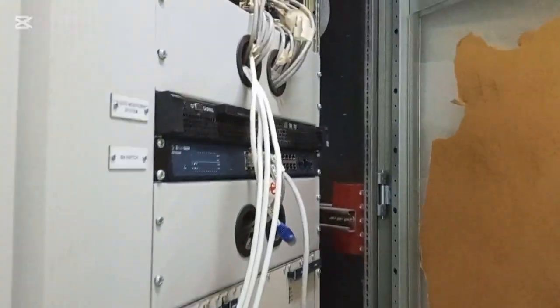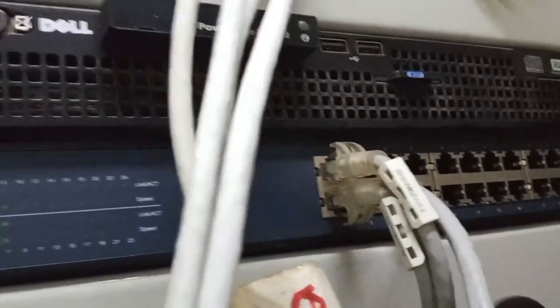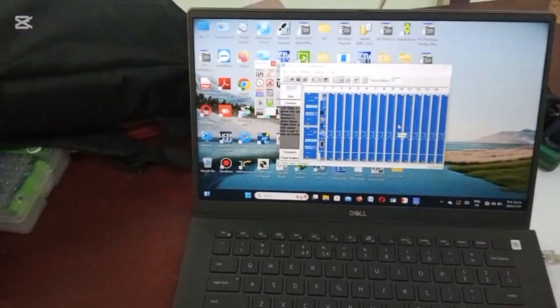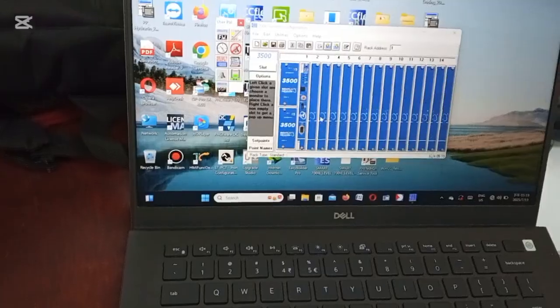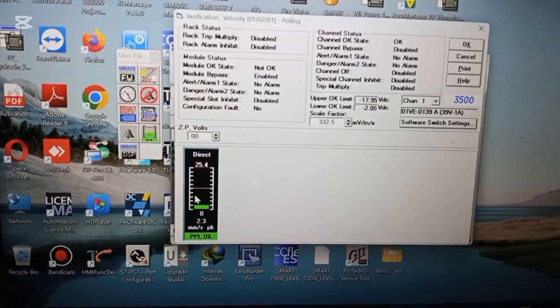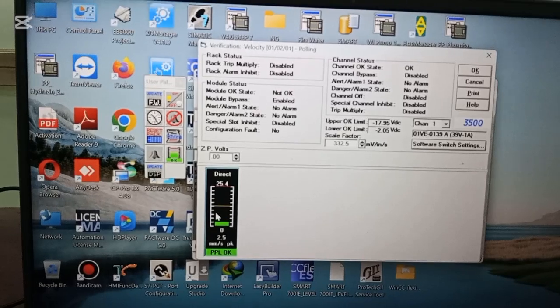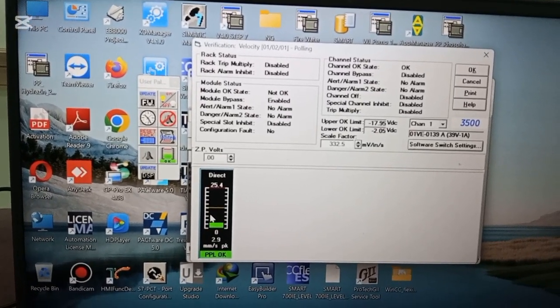For this we connected our laptop to find out whether the value of vibration is real or not. By LAN connection and a laptop we saw that the vibration is showing and its value is fluctuating when the oil pump is running.